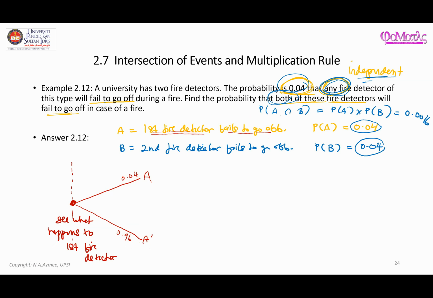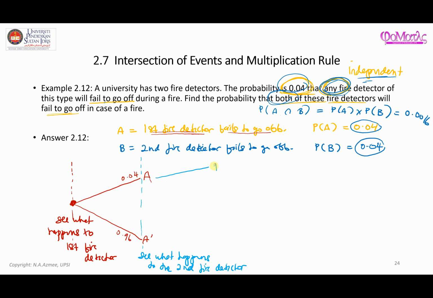And imagine you come to this second stage here, where you want to see what happens to the second fire detector. In this case, you can observe two scenarios.